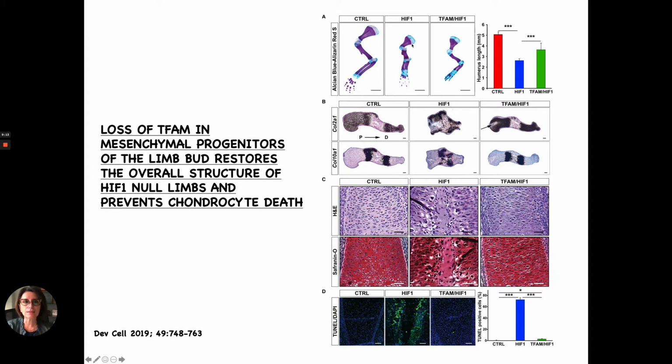And clearly the severe abnormalities in shape present in the HIF-null mutant are completely prevented. Histologically, the loss of TFAM restores the overall structure of the HIF-null limb, prevents that massive hypocellularity, and completely prevents the massive cell death. So knocking out TFAM in the context of HIF-1 loss brings cells back to life.